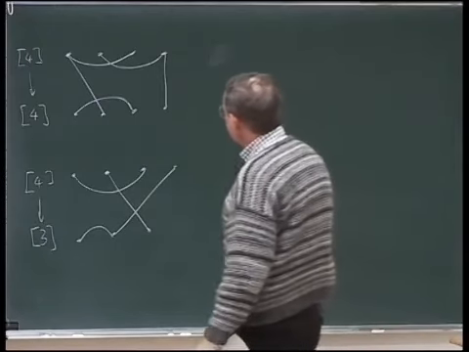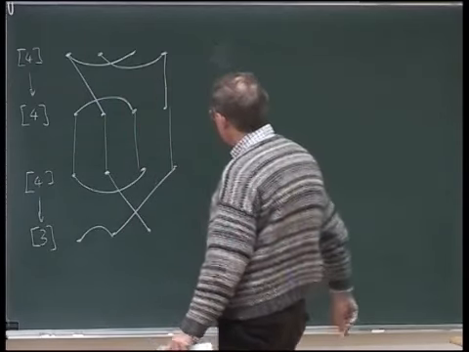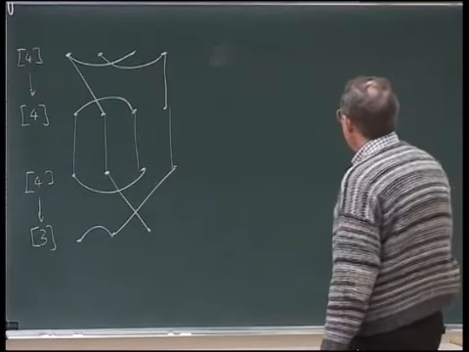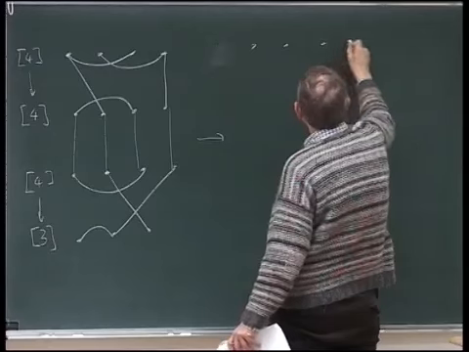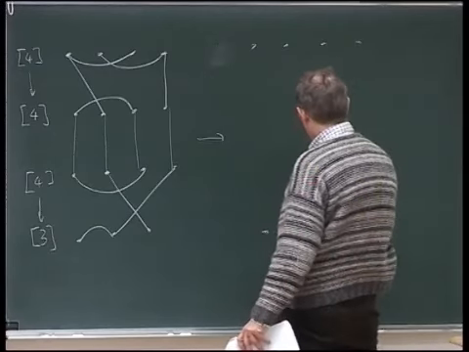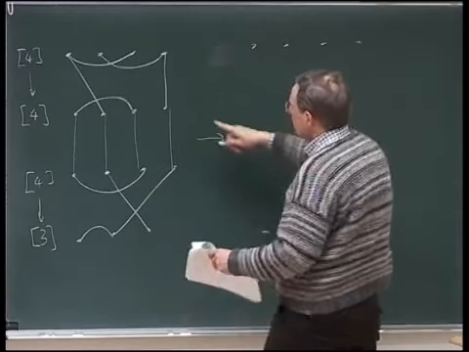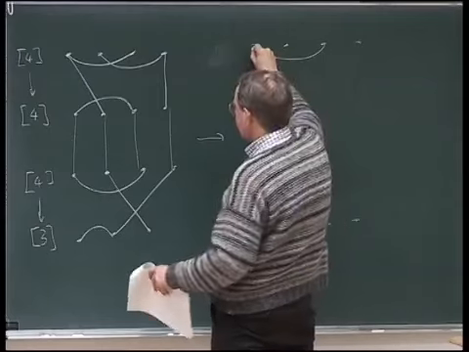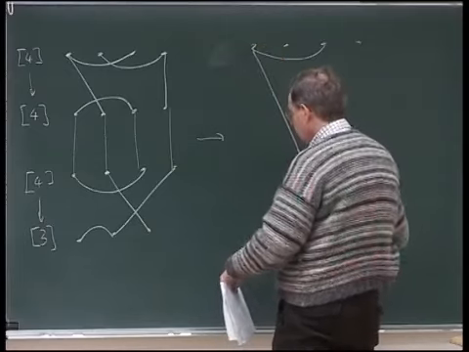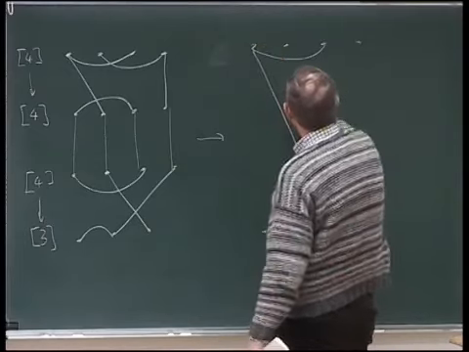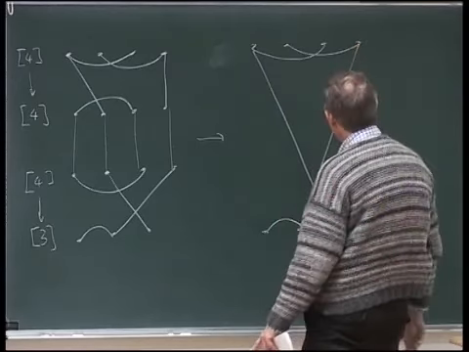And what you're doing now is you just identify these points here, and then you get a map from [4] to [3] by still lumping together this guy, and this is going to be here and here and here.